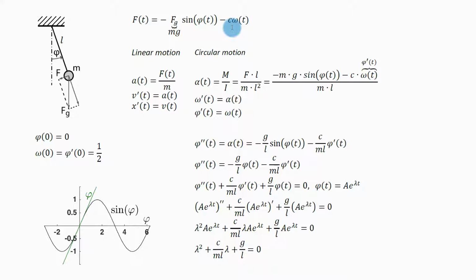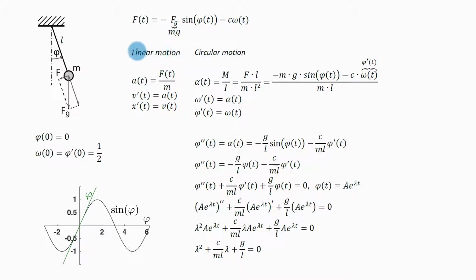The resistive force I model in this very simple manner, where I make it proportional to the angular velocity, and this c is the constant of proportionality. So this c is some coefficient of resistance, and again I have a minus sign here because the resistance is acting against the movement of the pendulum, against the velocity of the pendulum.